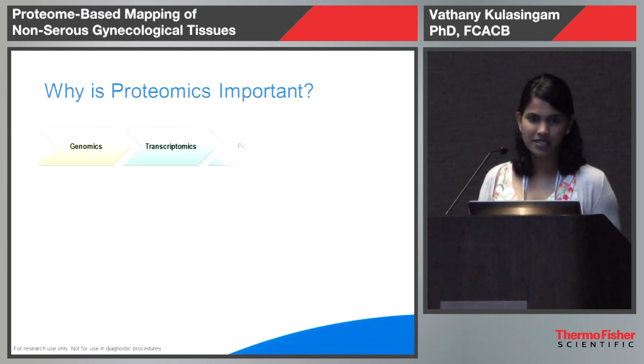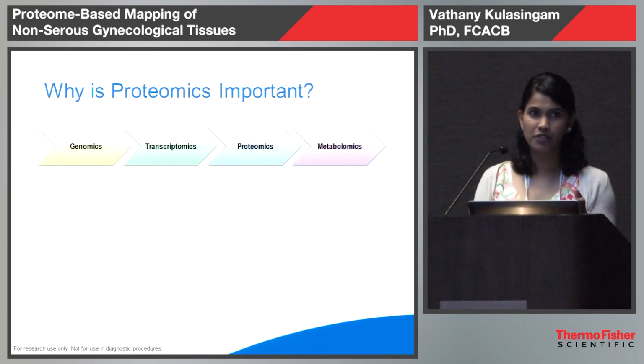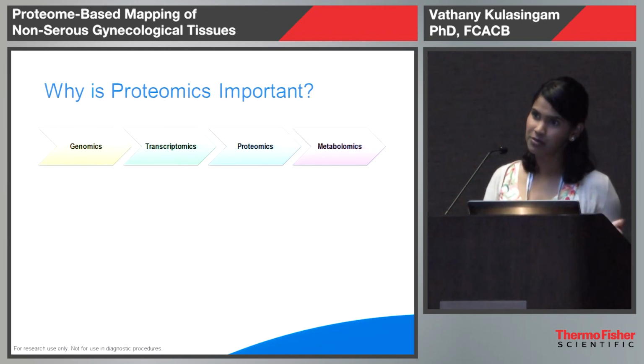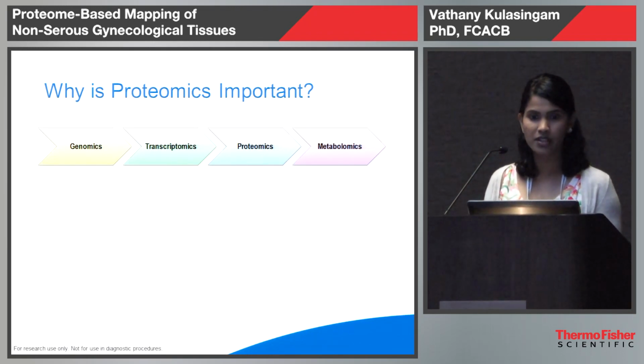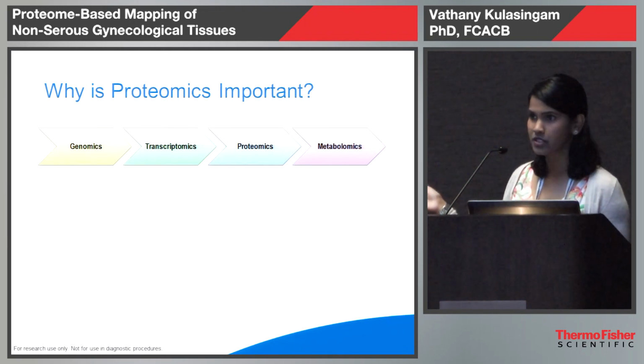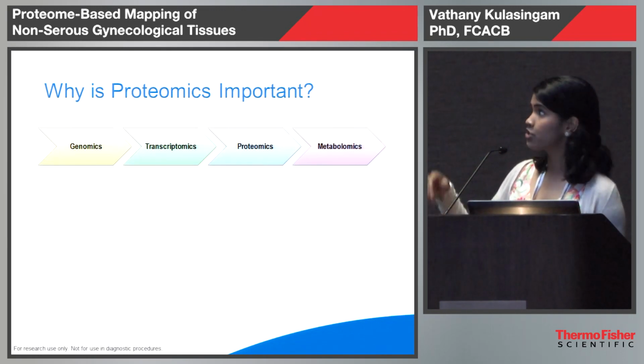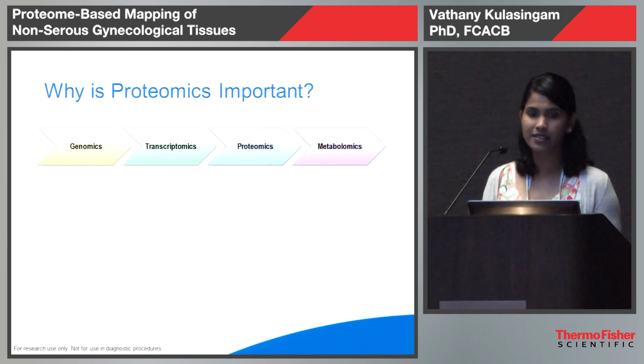So just some background, as I'm sure you've heard from some of the plenary lectures that will happen today and yesterday and so on. We're in this omics revolution that's really happening right now. Genomics, as we know, is a field that investigates thousands of DNA sequences, and transcriptomics is looking at the RNA.